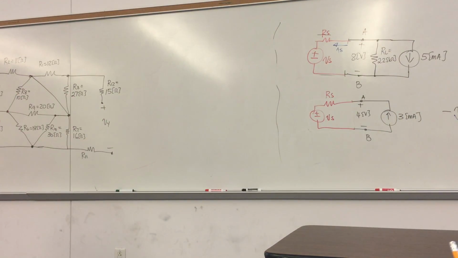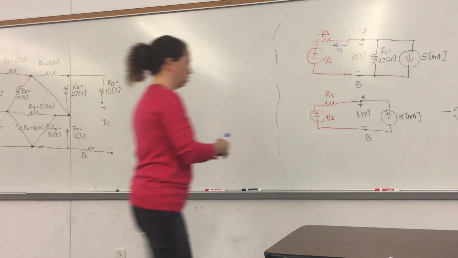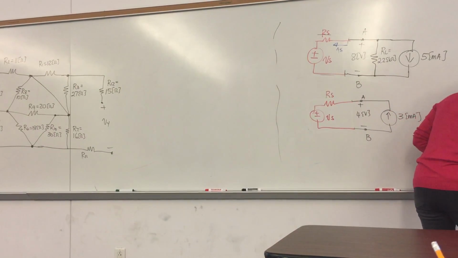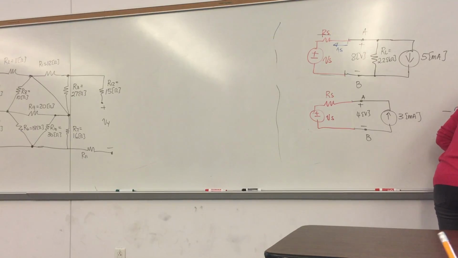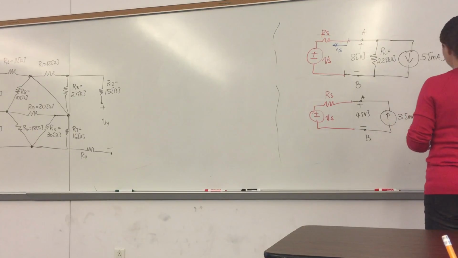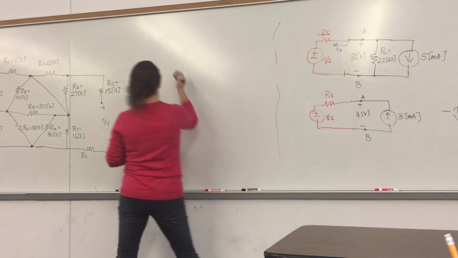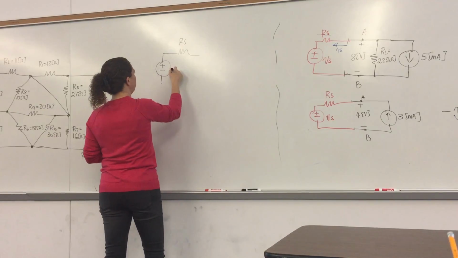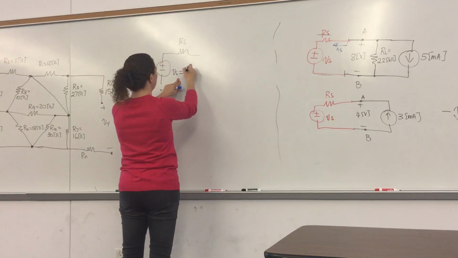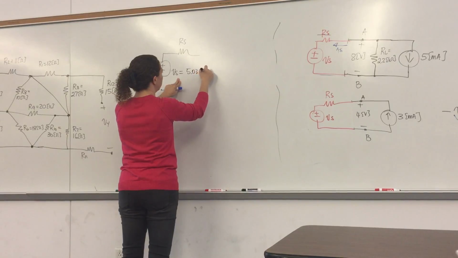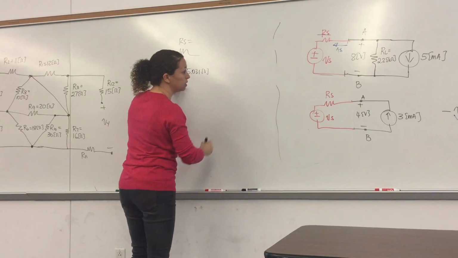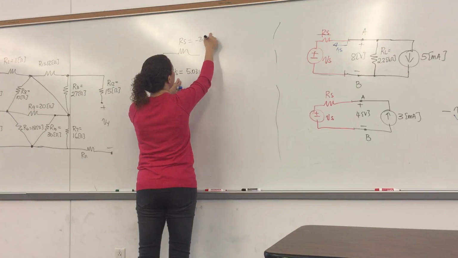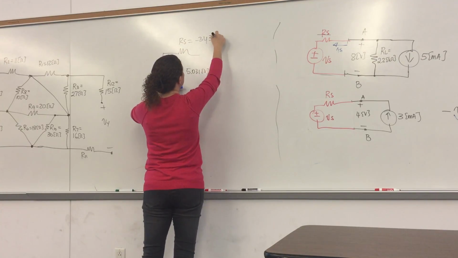It says draw the circuit showing terminals A and B, or rather find a device model showing terminals A and B. So your final answer for the device model should be this: VS equal to 5.031, RS, negative resistance, negative 343.76 ohms.